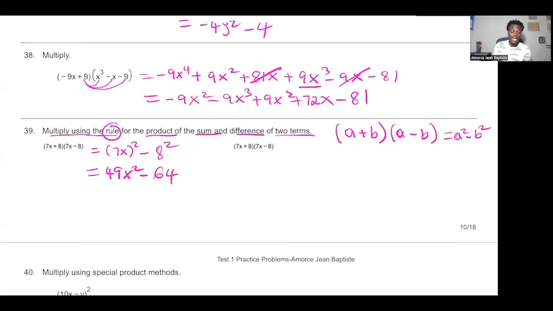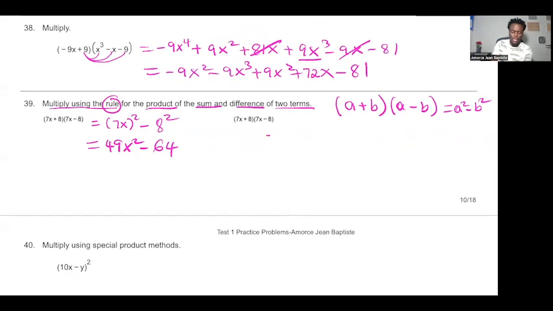But the second one is FOIL, which all of you know. You distribute the 7x over the 2 terms, and then you do the same thing for the 8. So that's 7x times 7x, 49x squared. 8 times 7x, 8 times 7 is 56.